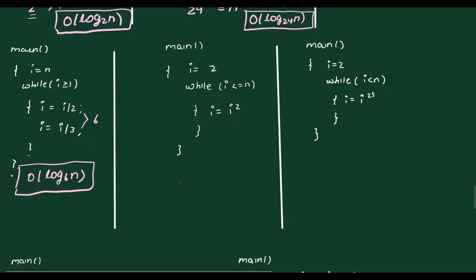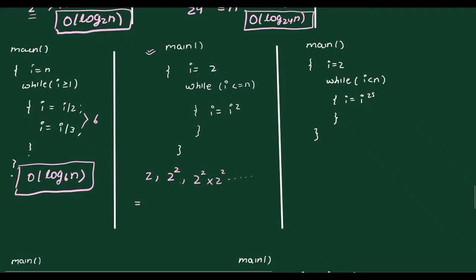Now let us see another set of problems. So let's analyze this problem, right? In this problem, i starts from 2. Each time we are squaring i, and this loop will run until this becomes greater than n. So next time it will become 2 into 2. Next time it will become 2 raised to the power 2 into 2 raised to the power 2, that is what squaring is, right? And so on.